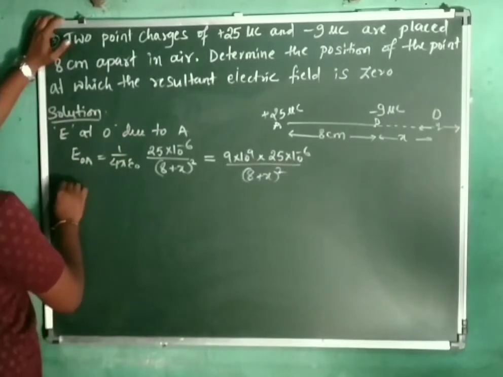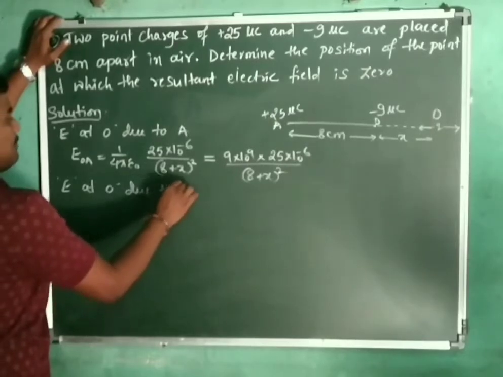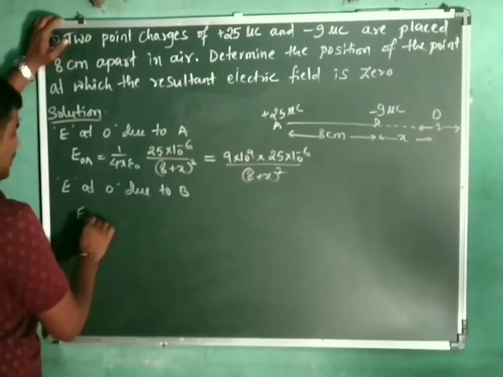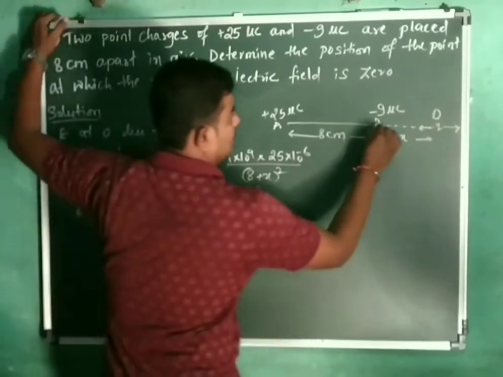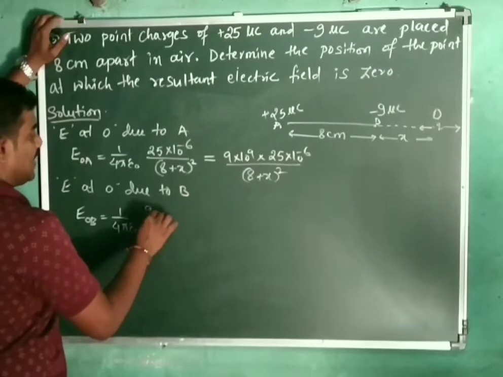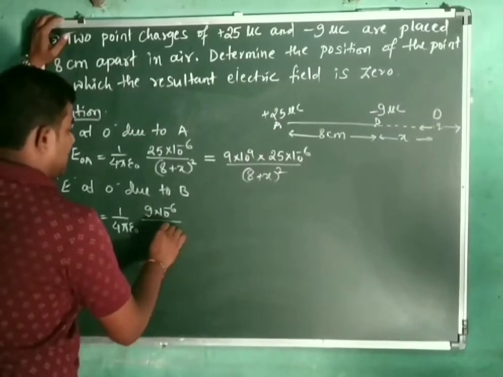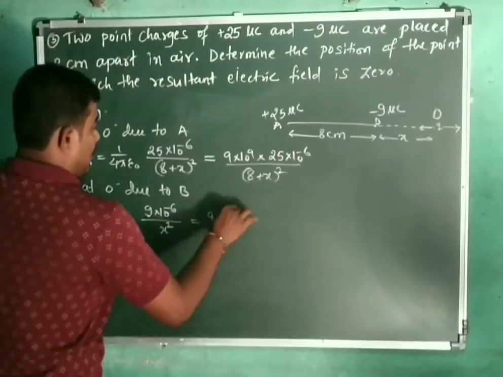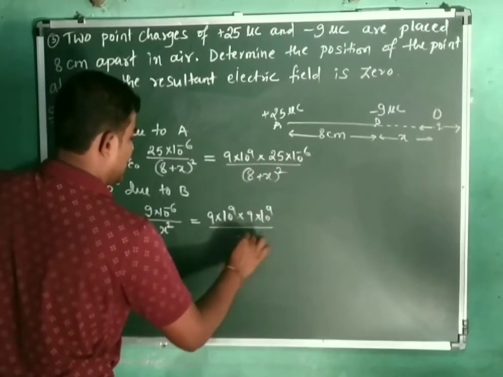And the electric field intensity at O due to B, that is EOB, is equal to 1 divided by 4 pi epsilon naught, the distance is x, and the charge is 9. So 9 into 10 to the power minus 6 divided by x square, or 9 into 10 to the power 9, 9 into 10 to the power minus 6 divided by x square.